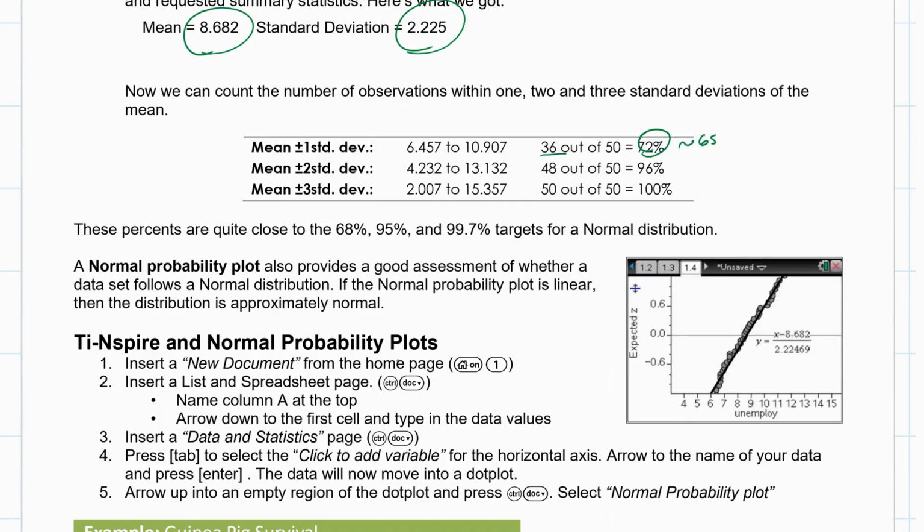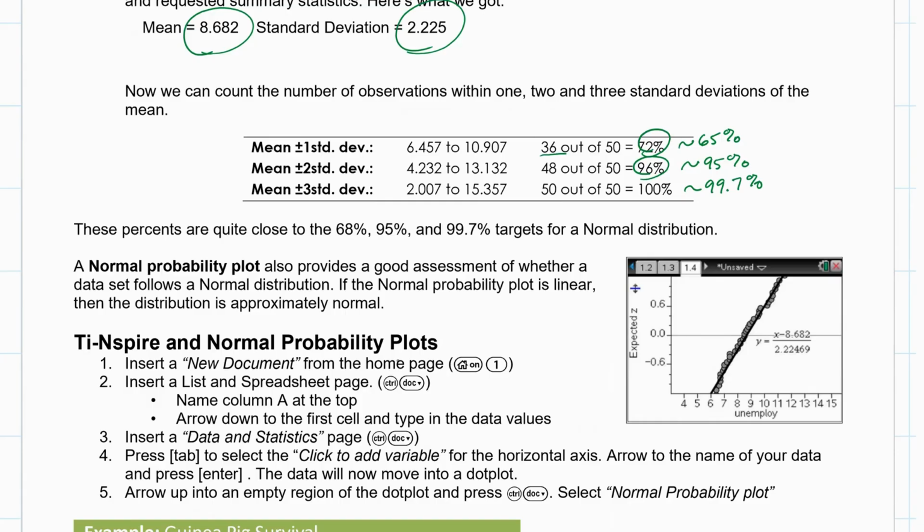Is that about 65? Yeah, it's reasonably close. Okay, if you go two standard deviations, you get 96. Is that about 95? Yeah, that's really, really close. And three standard deviations need to be about 99.7. We got 100%. Yeah, that's an indication that this distribution is approximately normal.